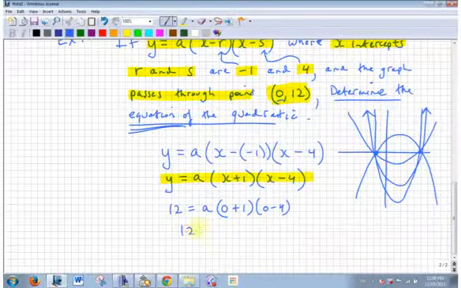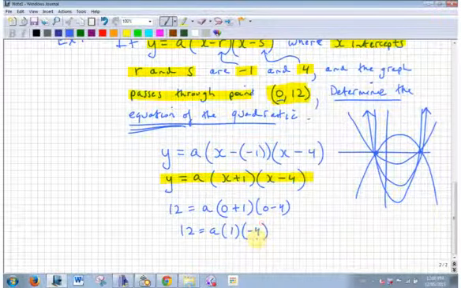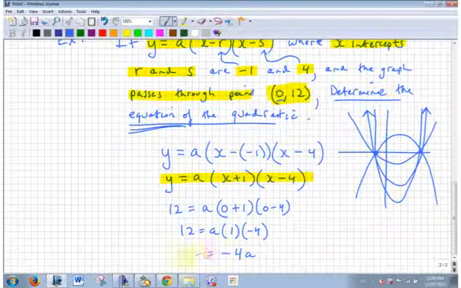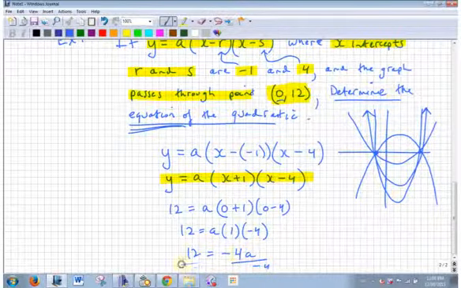Okay, 12 is A. What's 0 and 1? 1. What's 0 minus 4? Minus 4. What is A times 1? A times negative 4? Isn't that just minus 4A? Solve it for A. Divide both sides by negative 4.